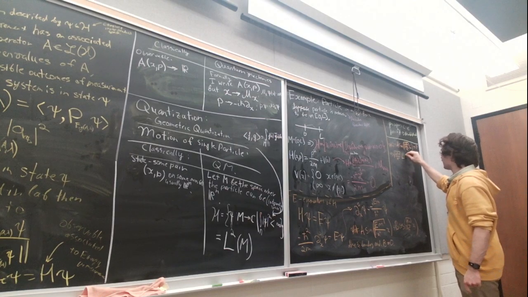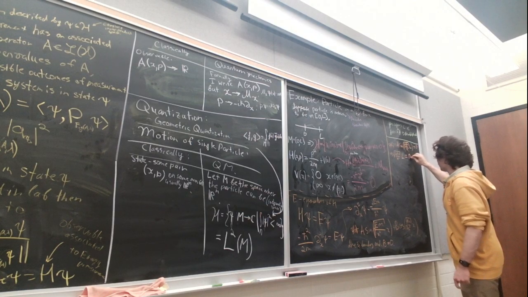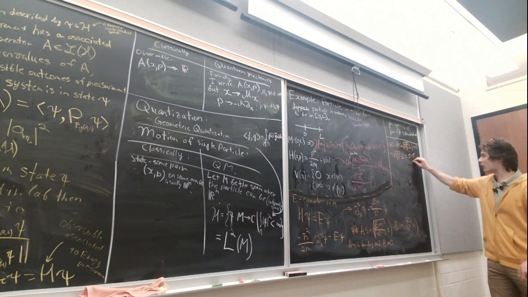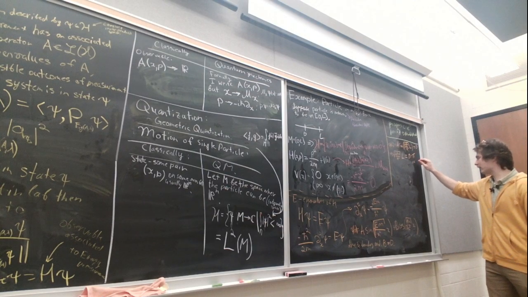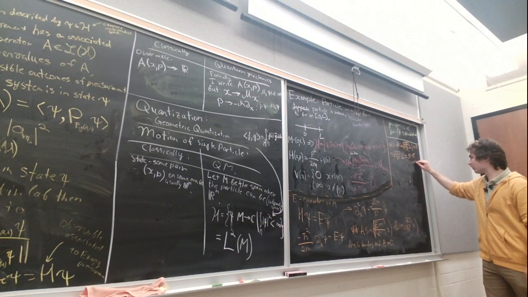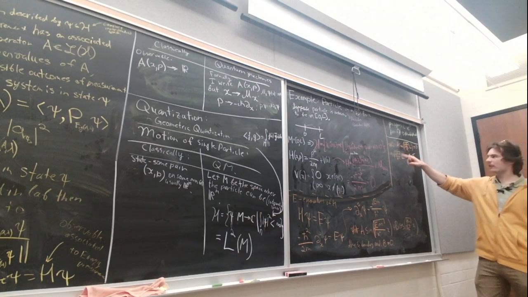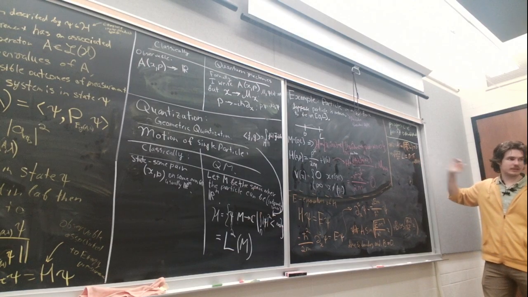Root 2mE over h bar squared times L has to be equal to some n times pi. Do you agree? Some integer multiple, where n is a positive integer, say a natural number union 0. So this whole thing can only be some particular number.